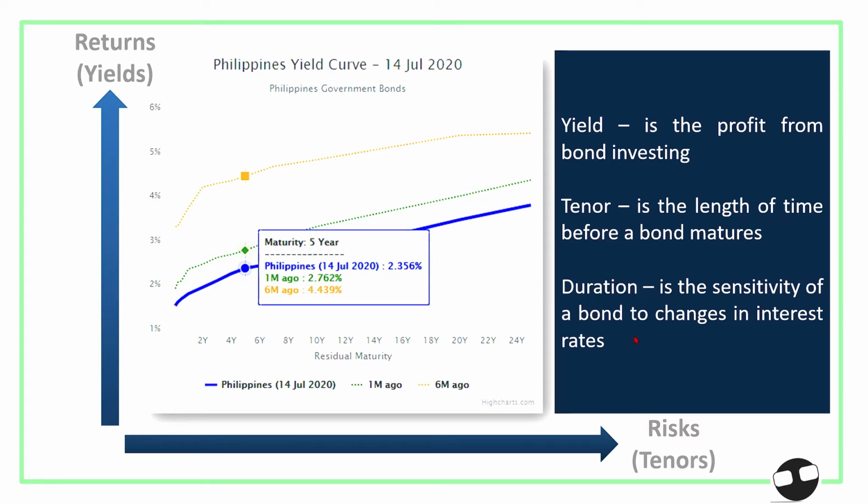Duration is the sensitivity of a bond to changes in interest rates. Our bonds are allergic to interest rates, and their relationship is known to be inverse. For example, if we have higher interest rates, that would push bond prices down. And if we have lower interest rates, that would push prices upward. So there is an inverse relationship.